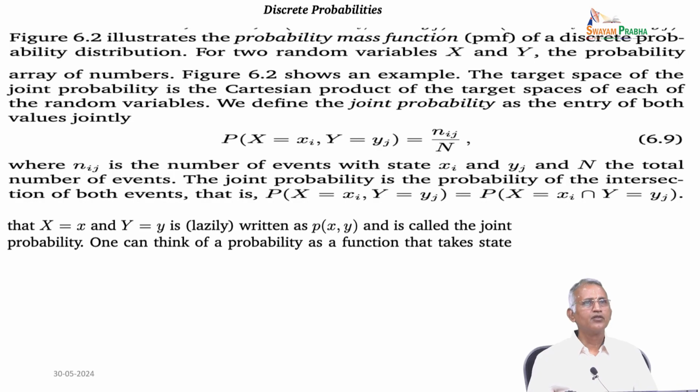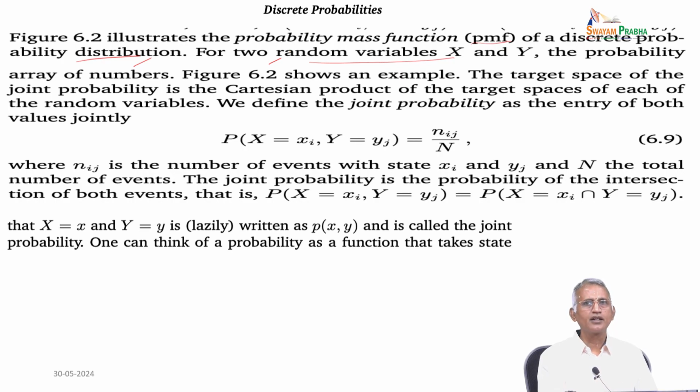Now, we are going to discuss discrete probability. Figure 6.2 illustrates the probability mass function, denoted by PMF. PMF stands for probability mass function or discrete probability distribution. You take two random variables x and y. The probability array of numbers in figure 6.2 shows an example.